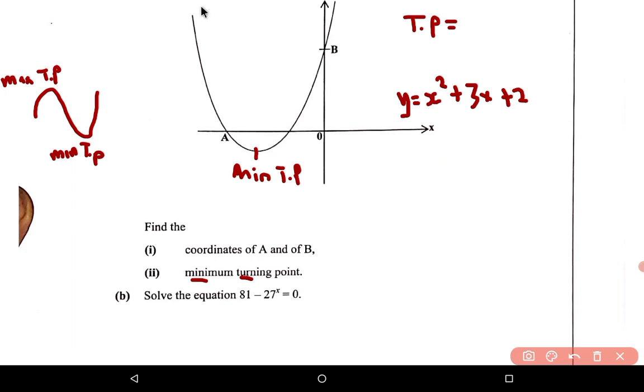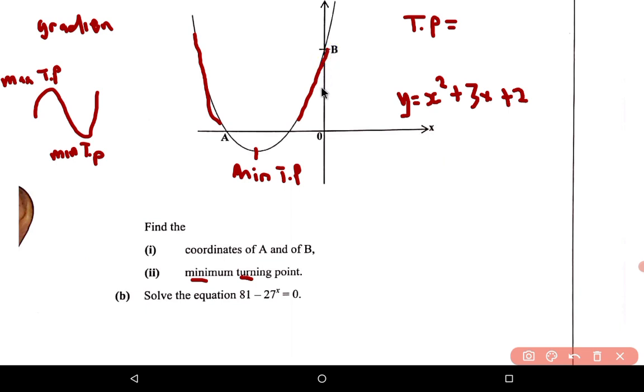To create a background here, there's what we call the gradient. The gradient refers to the slope of the curve. You can see this is a slope, and this is a slope, also this is a slope.